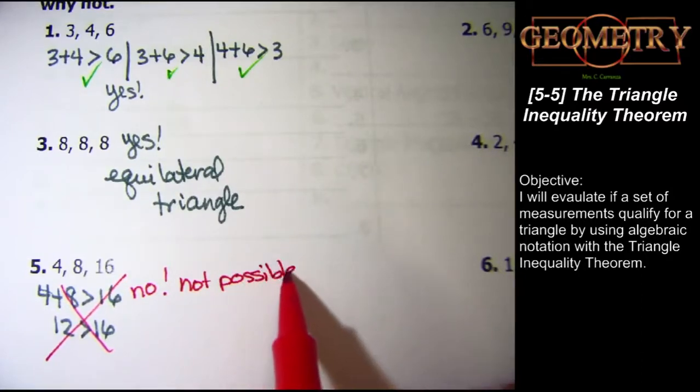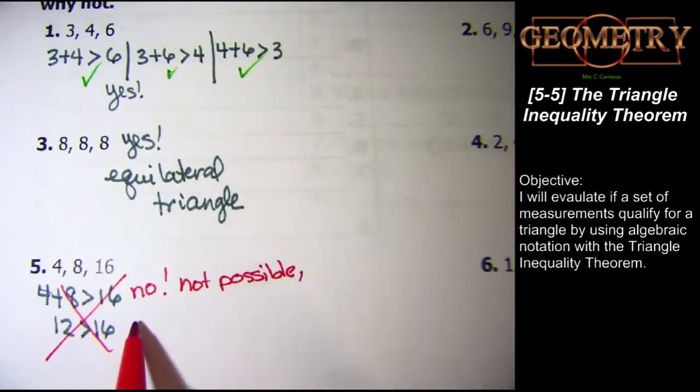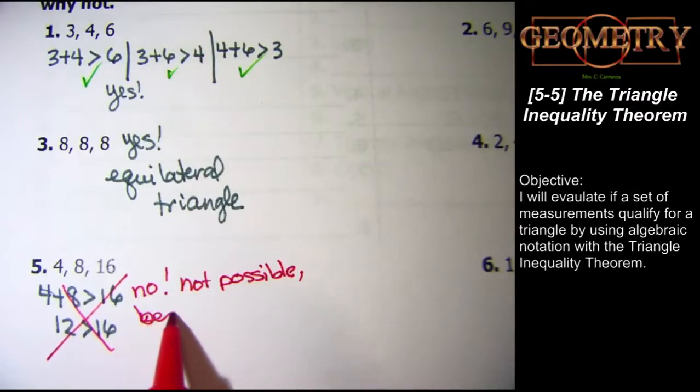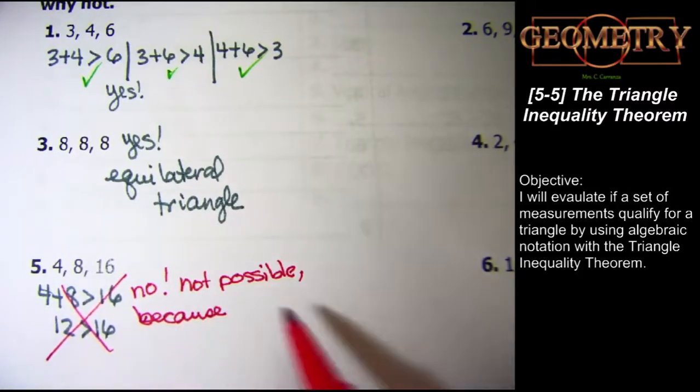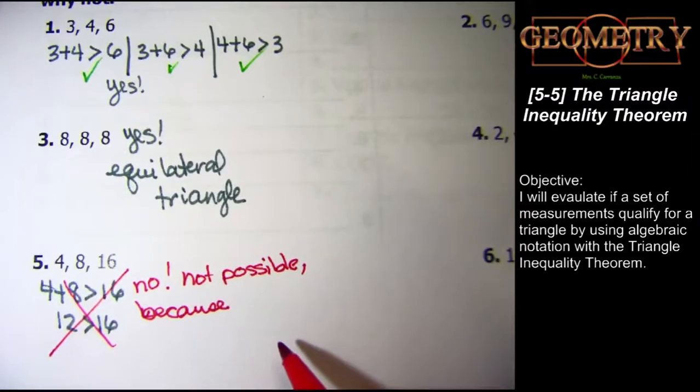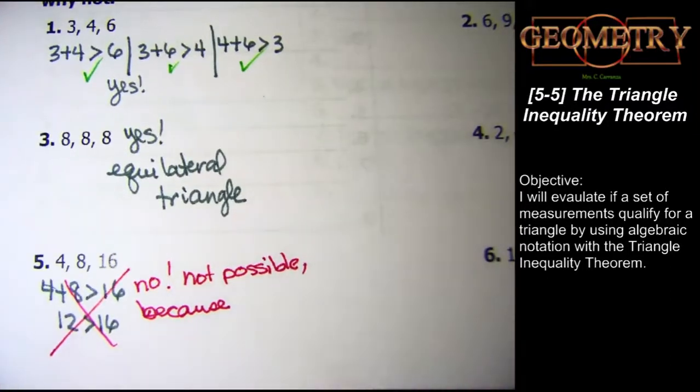And the directions say explain. So tell me why it's not possible. Because the sum of two sides is smaller than the third. Okay?